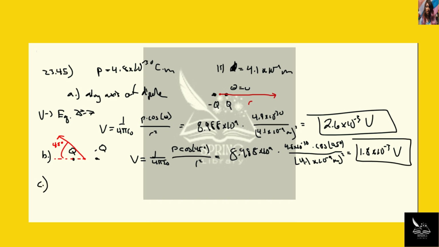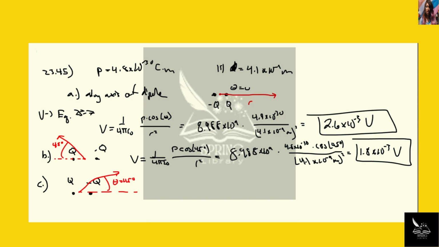Lastly, for part C, similar to part B here, we're going to have our positive charge and our negative charge. And now we're 45 degrees above the axis nearer the negative charge, like this. Cool.